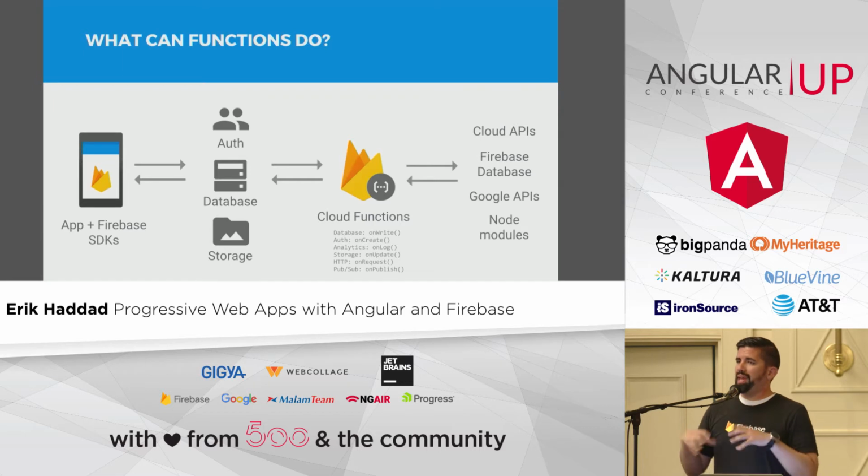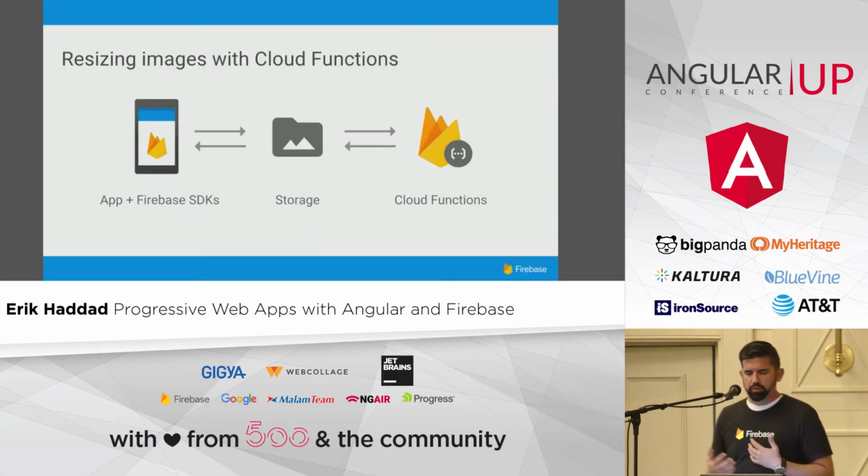All these events you can handle and do something. And some of the things that you can hit up: cloud APIs, your Firebase database. So let's say you create a new user, you can create a new user profile within your database, things like that. And all the node modules that you've used in the past, you can reference and use.